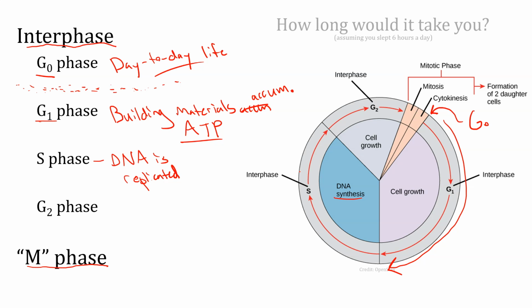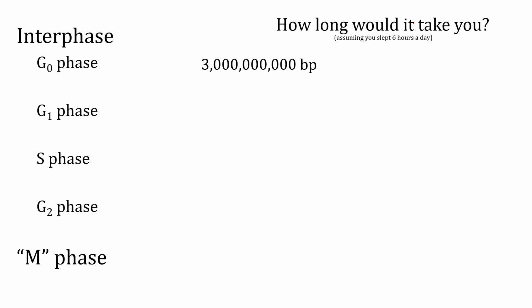Now, this is a very extraordinary process. Just consider this for a minute. How long would it take you to copy a genome if you did it one letter at a time? It's kind of an interesting question here. Assuming you slept 6 hours a day, well, there's about 3 billion base pairs in your genome.